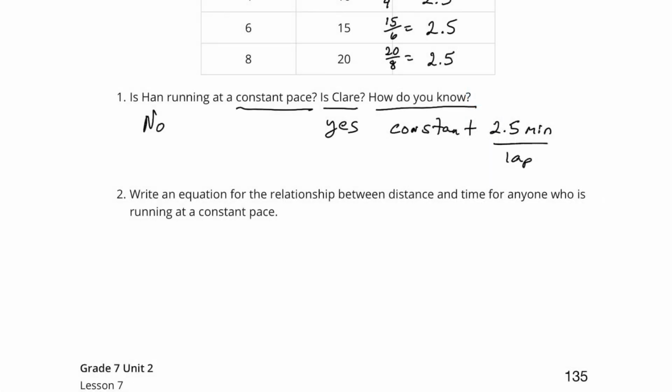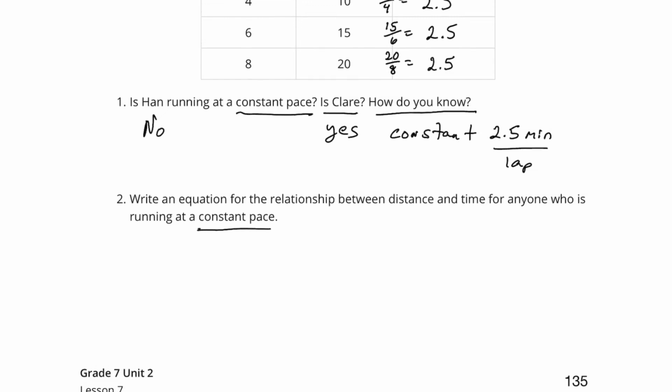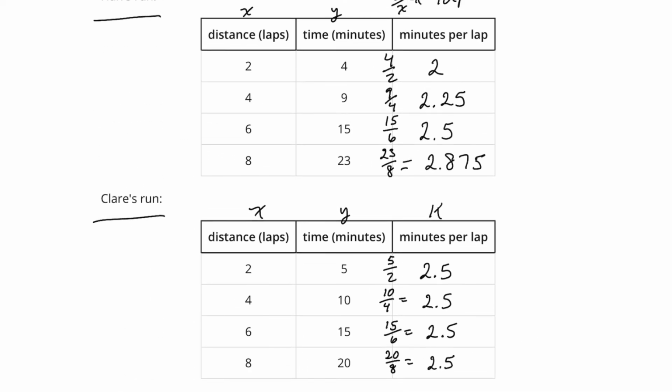Question 2. Write an equation for a relationship between distance and time for anyone who is running at a constant pace. Anyone at a constant pace. So again, let's look here. We have Han and Claire. Claire was running at a constant pace of 2.5 minutes per lap. If we think of this as a proportional relationship, y is equal to kx, where my minutes per lap is my k.